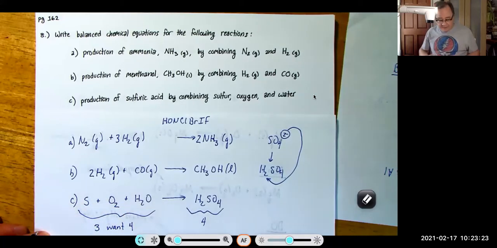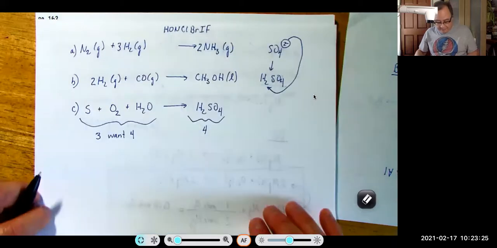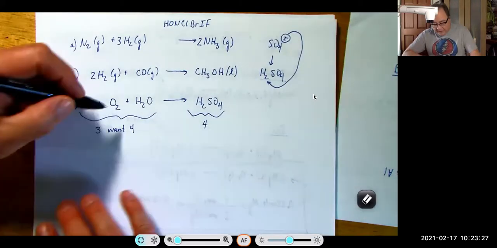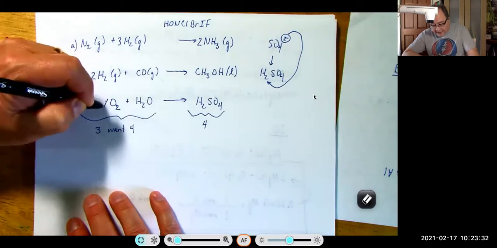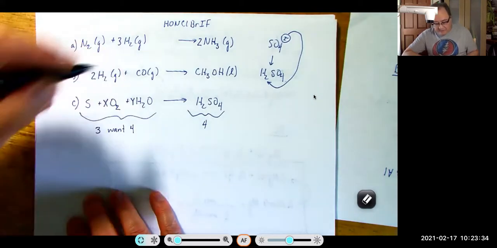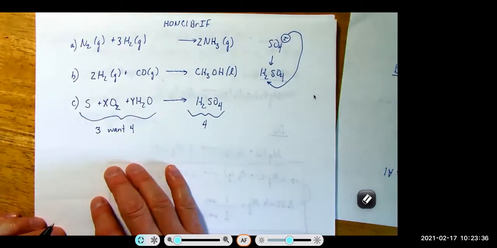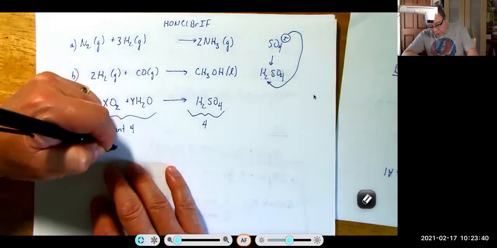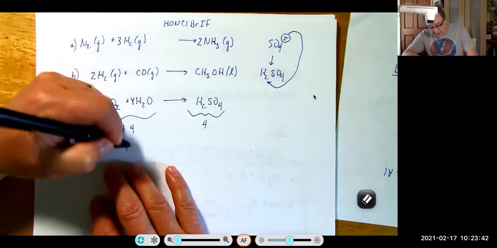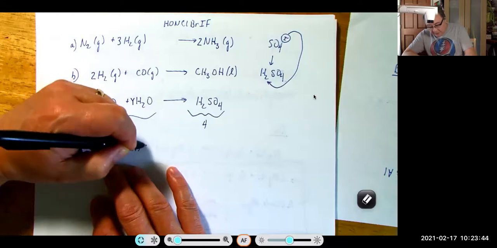Well, we can make a little game of it. Here, we get 2 oxygens for every one of these, right? So I'm going to call this coefficient X, and I'm going to call this Y. Wouldn't we say that X times 2 plus Y times 1 is equal to the number of oxygens?